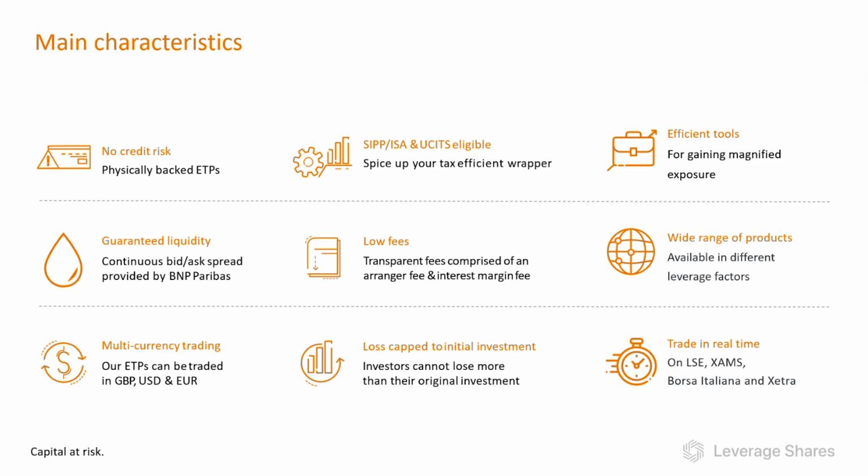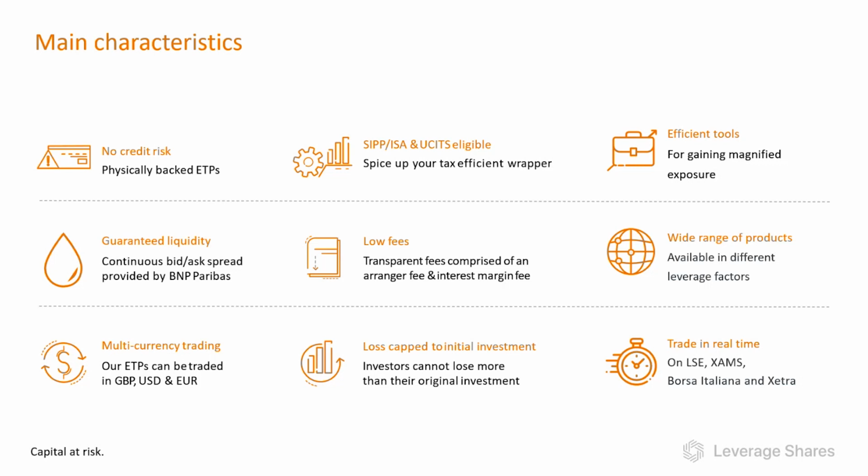Furthermore, as we said in the beginning, they are efficient tools for gaining magnified exposure, meaning we offer different leverage factors going up to 5x. So you have a magnified exposure to the underlying of your choice, or the theme or the sector of your choice. Furthermore, we have a wide range of products, including not only very popular names of single stocks such as Tesla, Microsoft, Amazon, Alibaba.